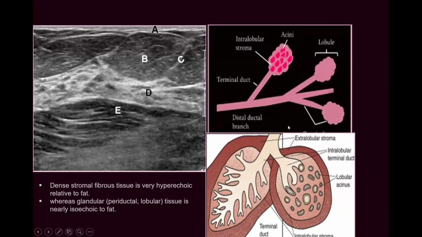The stroma inside the lobule, as seen here, appears light brown. This is intralobular stroma. The intralobular stroma is grayish, while the dark brown outside, surrounding the lobule, here and here and here, all the lobules surrounded by the extralobular stroma or interlobular stroma.